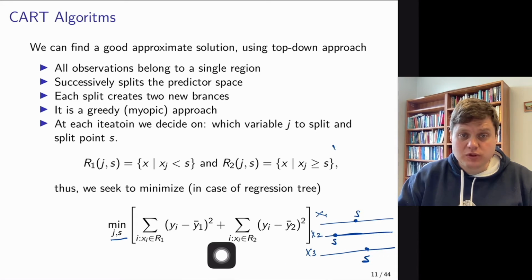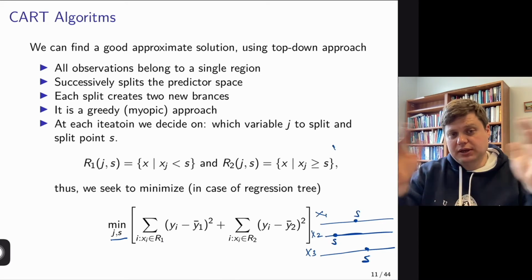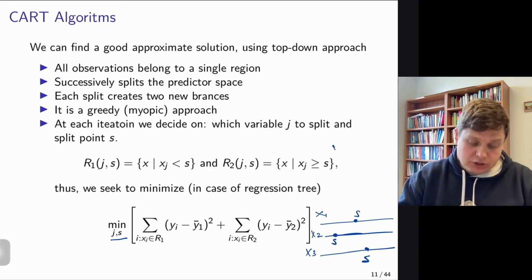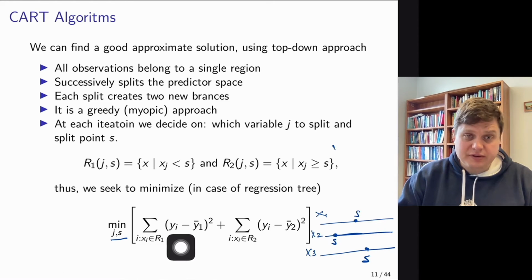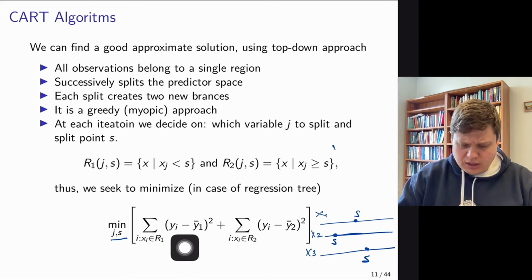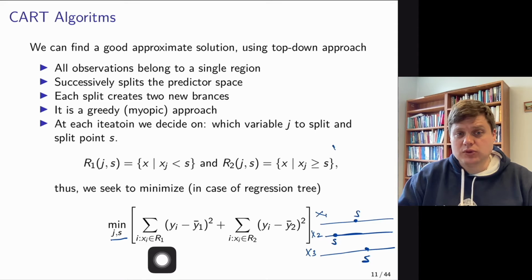And again, the way we decide on this index j and location of this split is by minimizing this sum. Once you split the input space into those two subregions, region 1 and region 2, you look at the variance among the y's, or the squared errors. When you sum them up, you want them to be as small as possible. You sum up all the errors in region 1 and errors in region 2, and you want this total sum of the two errors to be as small as possible.